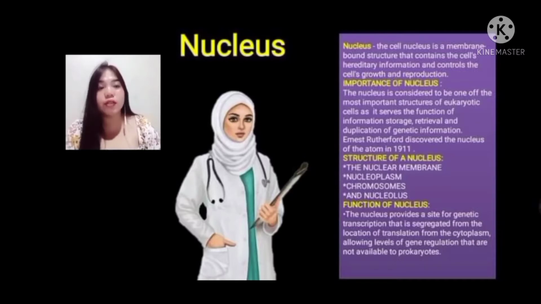Next is importance of nucleus. The nucleus is considered to be one of the most important structures of eukaryotic cells, as it serves the function of information storage, retrieval, and duplication of genetic information.